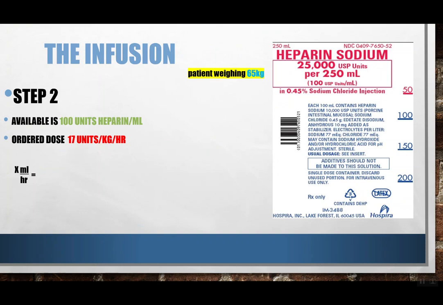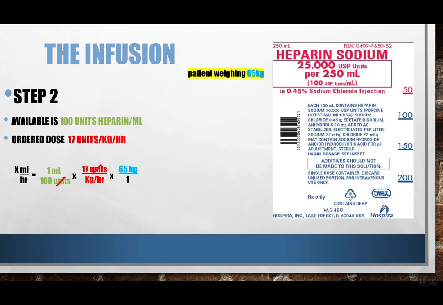So what do I have here to actually pull? I have 1 mil per 100 units, which is up there in the available. Then I multiply that by the ordered dose, which is, again, we have 100 units on the bottom, so I need to cancel out those units. So I have 1 mil times 17 units over 100 units times the kilograms per hour, which is already there. Cancel out the units.